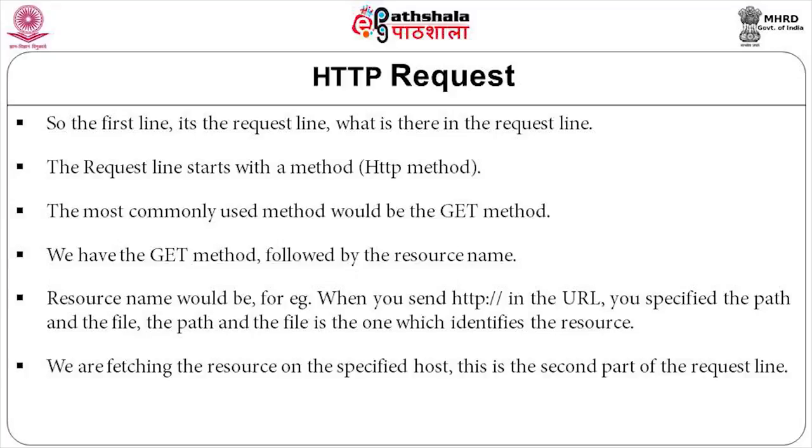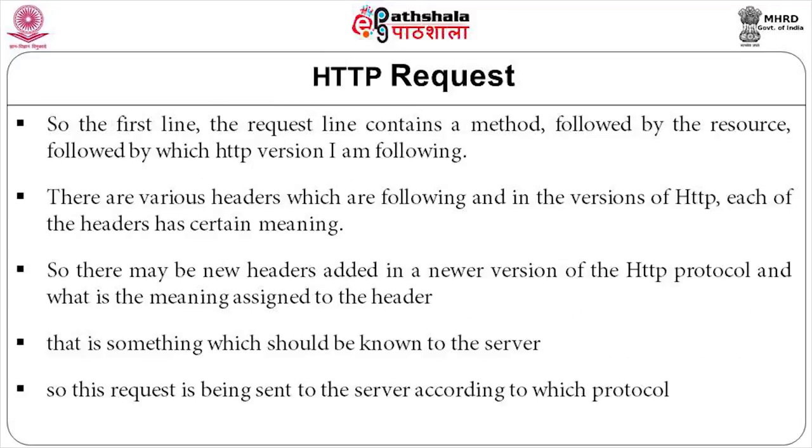So the request line contains a method, followed by the resource, followed by which HTTP version I am following. There are various headers which will follow, and in the versions of HTTP, each of those headers has certain meanings.